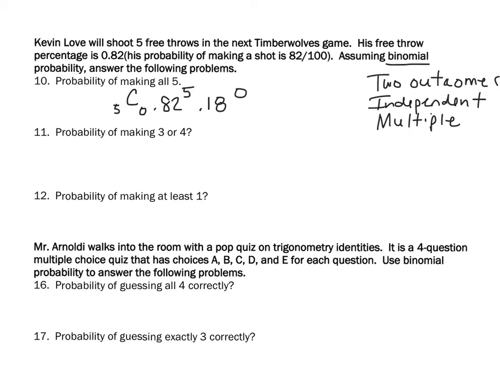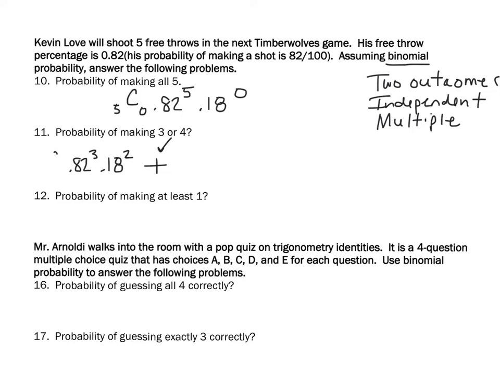In number 11, his probability of making 3 or 4. Again, we have a keyword of or, so we're going to add. And then his probability of making 3 would be .82 to the 3rd, .18 to the 2nd, making 3 and missing 2.